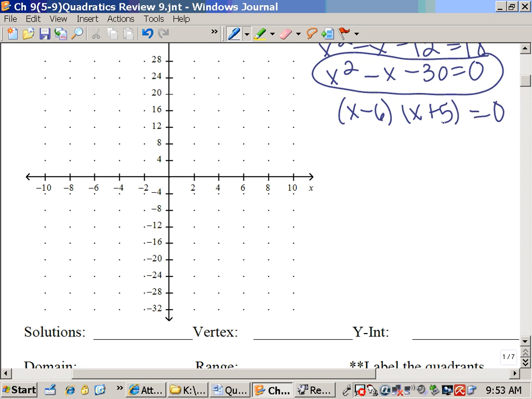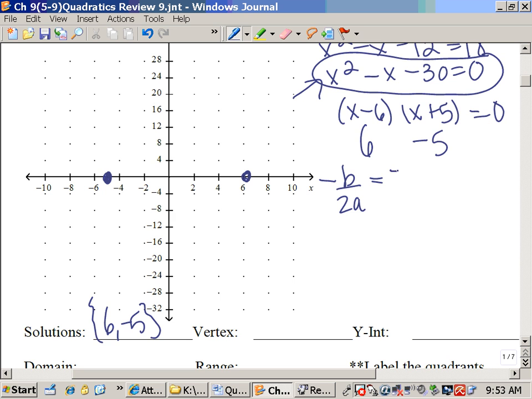The solutions are what you put in to make it 0. So that would be 6 and negative 5. So go to your graph and put a dot at 6 and put a dot at negative 5. My vertex, I have to do negative b over 2a. Guess what? I'm using the new one that I have because I have to equal 0 first.